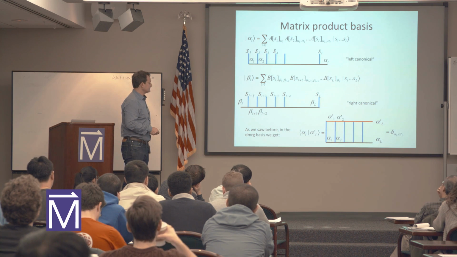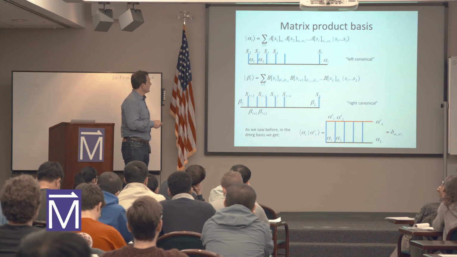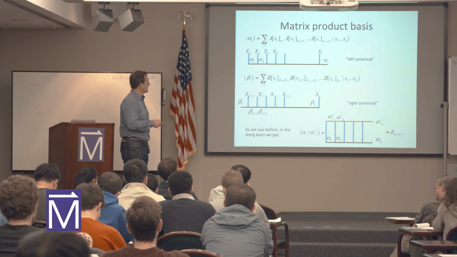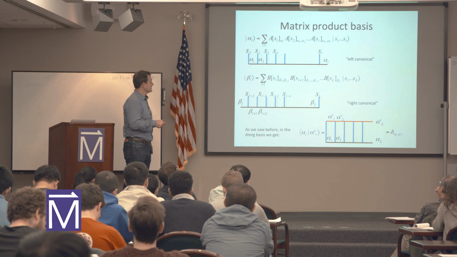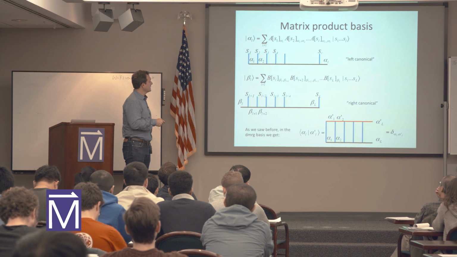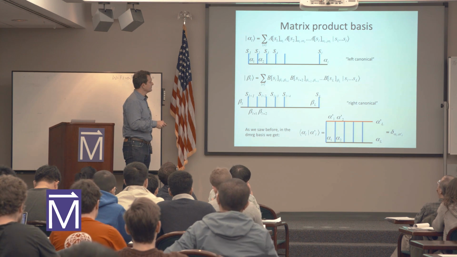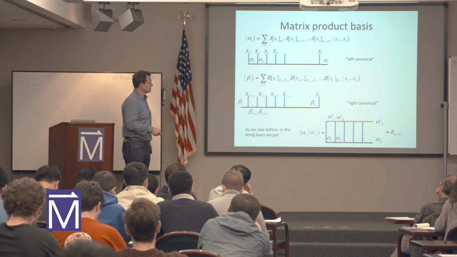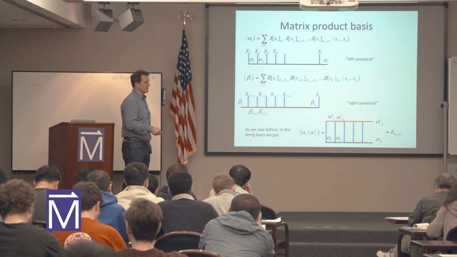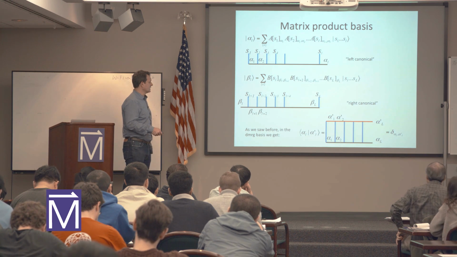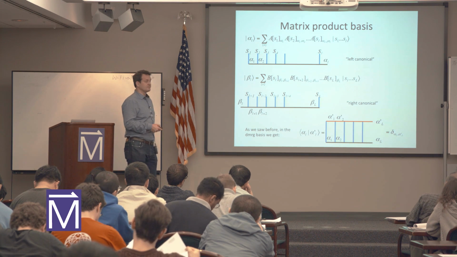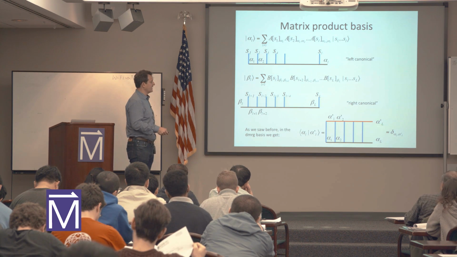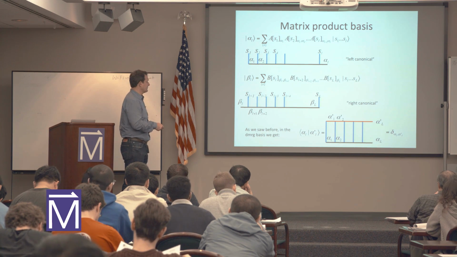And it turns out that, if you take this one, you want to calculate an overlap with another left canonical state, with different S's, or with different alpha L. What you have to do is contract the physical indices like this. So this is how you calculate an overlap. And because this basis is orthogonal, you're going to get the delta. This is going to be a delta of alpha L prime. And you can do the same with the betas.